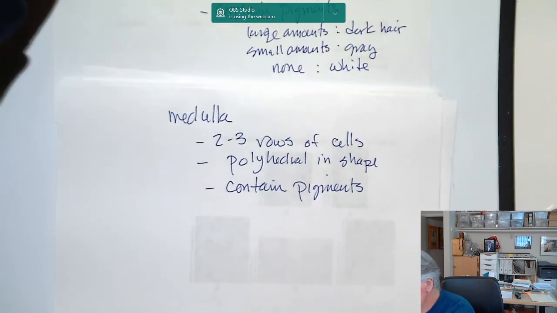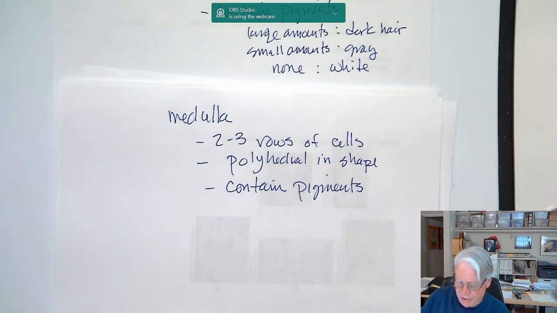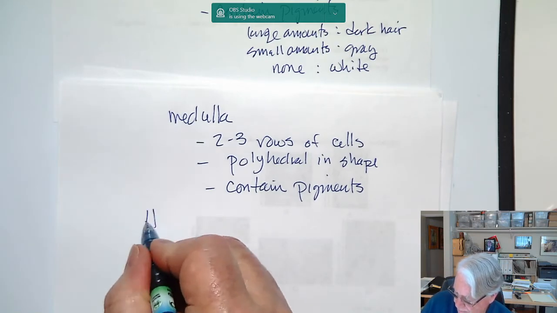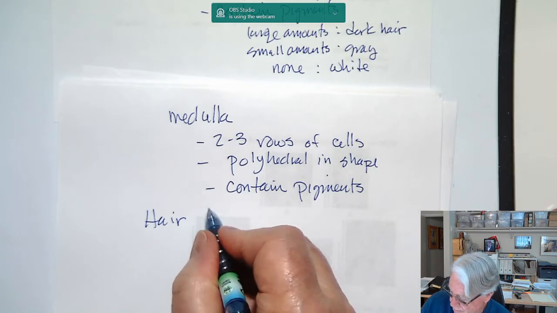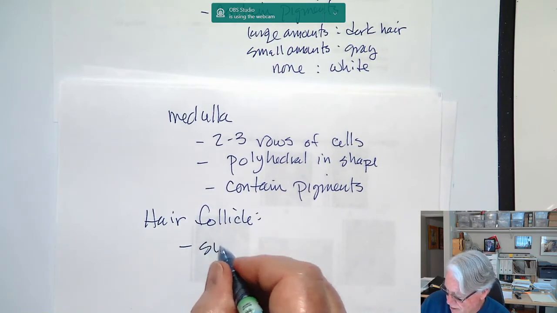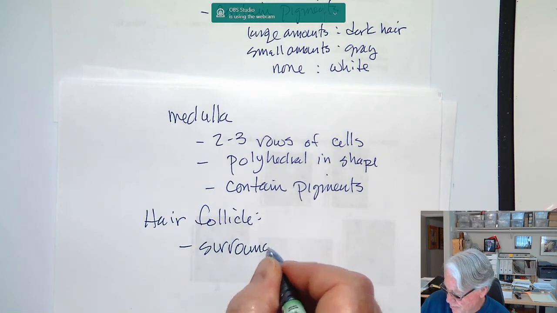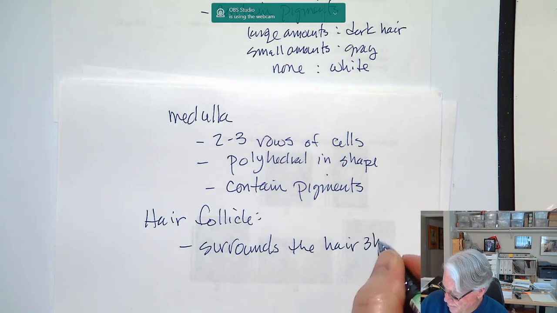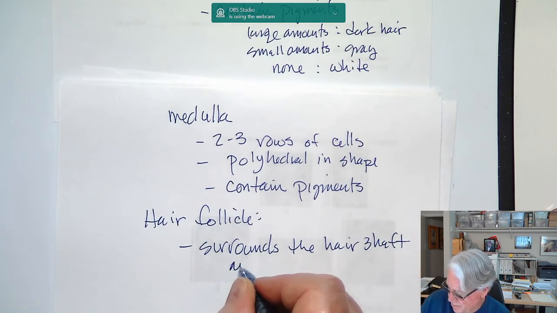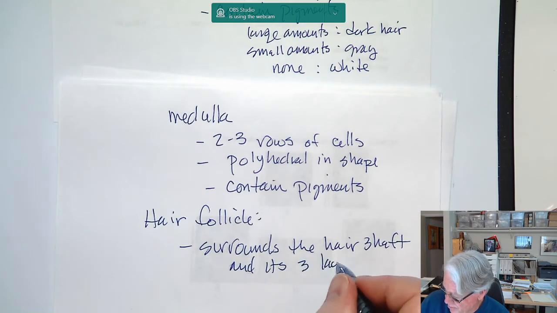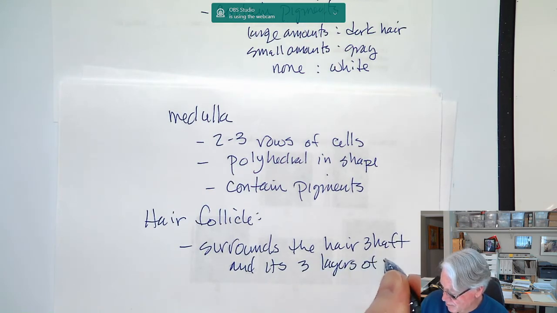Surrounding these three layers is the hair follicle. So the hair follicle surrounds the hair shaft, and it's 3 layers of cells.